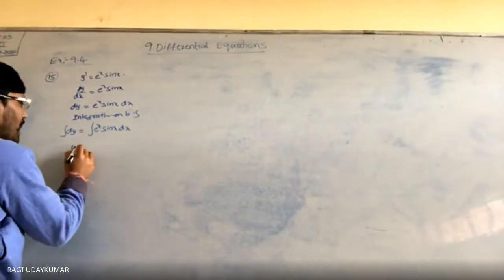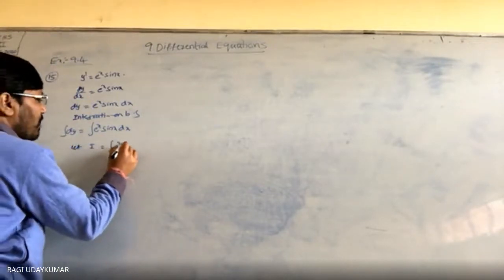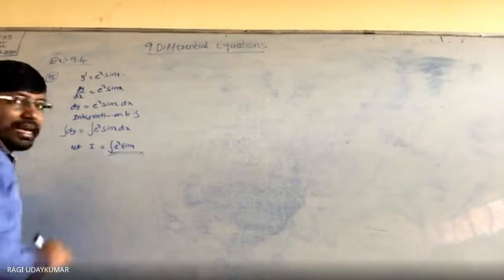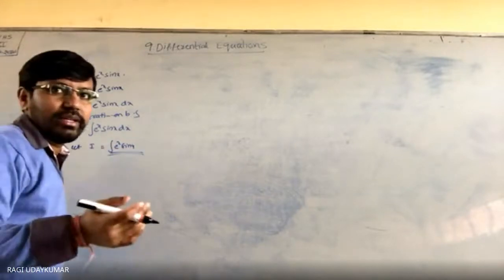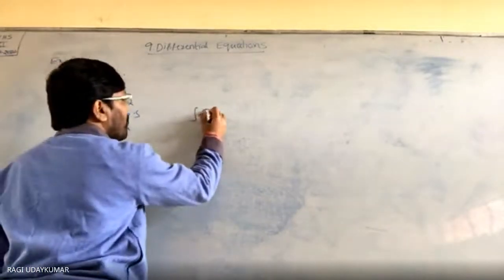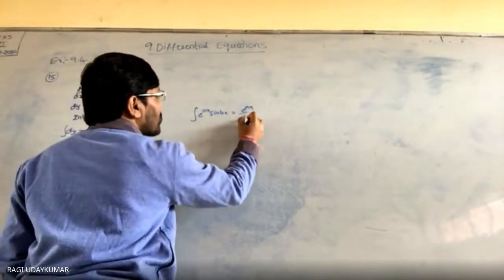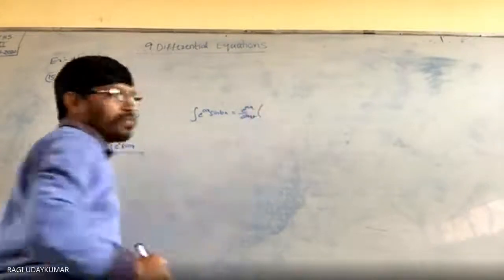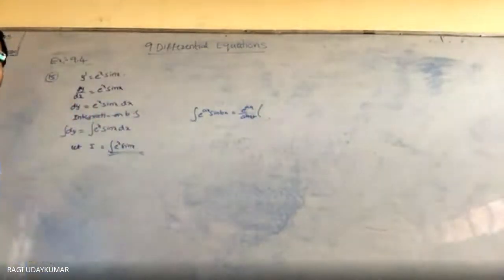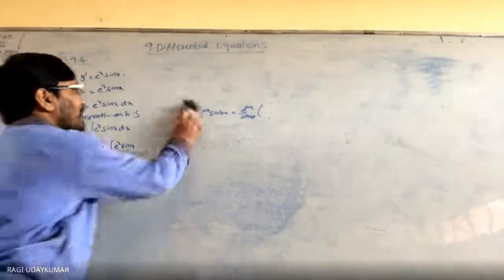Now let I be the integration of e power x sin x. I have already found this. I told you the integration of e power ax sin bx is equals to e power ax by a square plus b square into a sin bx minus b cos bx. So this is integrated.